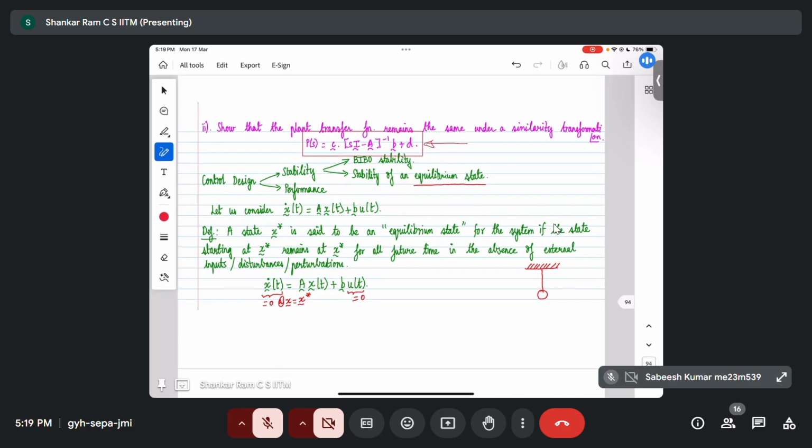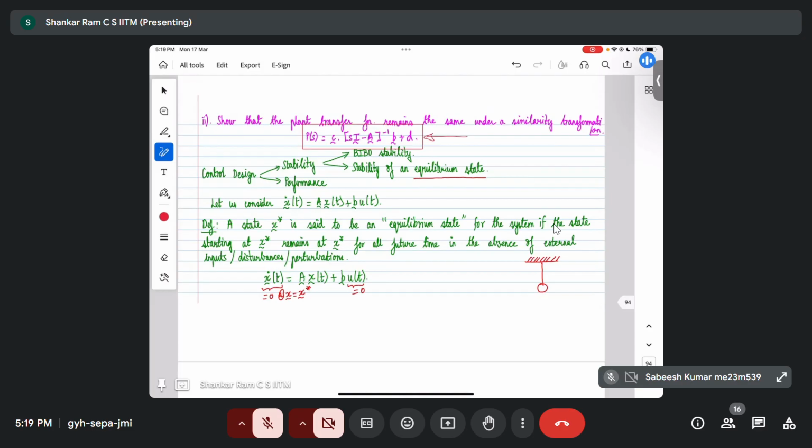Okay, so then let's go to the next important concept. As we have been discussing throughout this course, when we do control design, it doesn't matter whether it is in the transfer function representation or the state space representation, there are always two aspects that are important: stability and performance.